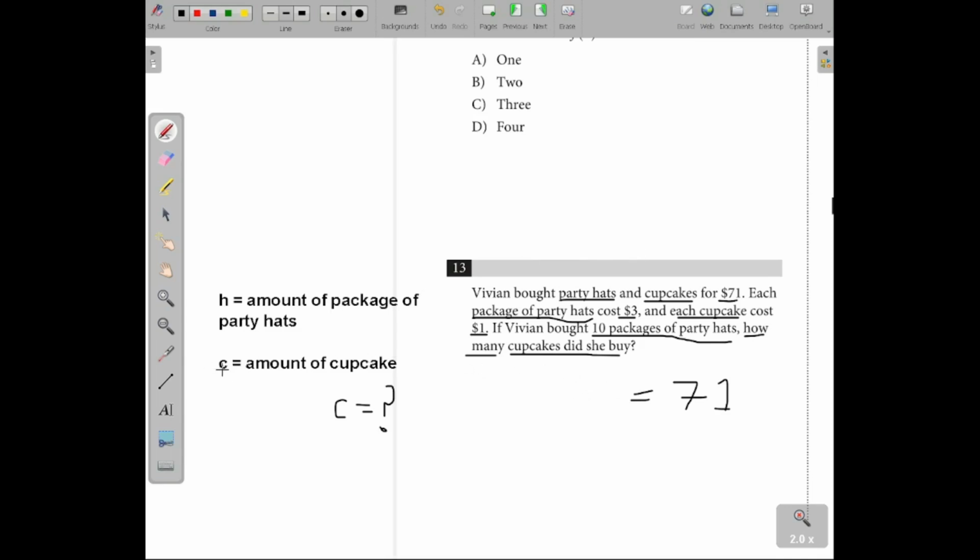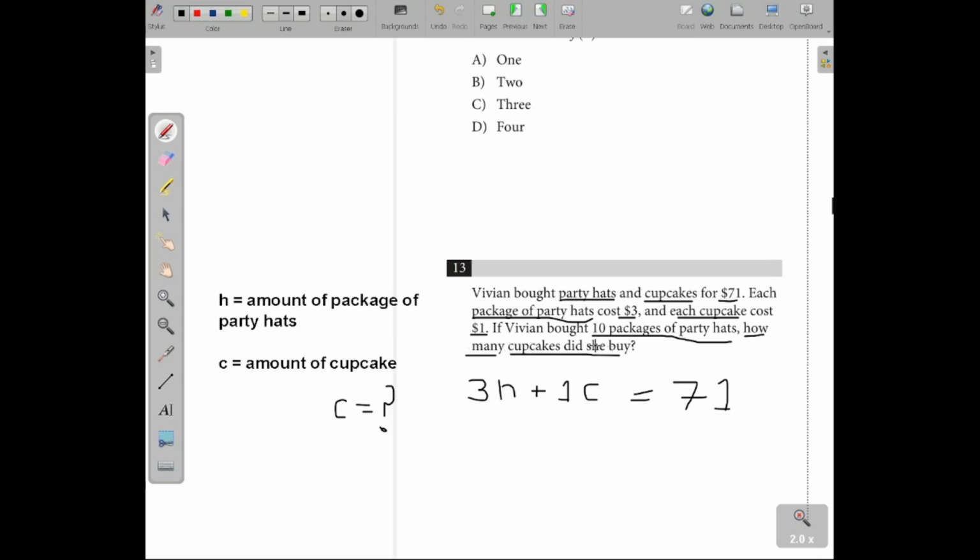So we could find C with that equation. We could say the price times the amount. So $3 for each package of party hats, that is H, plus $1 times the amount of cupcakes, C.